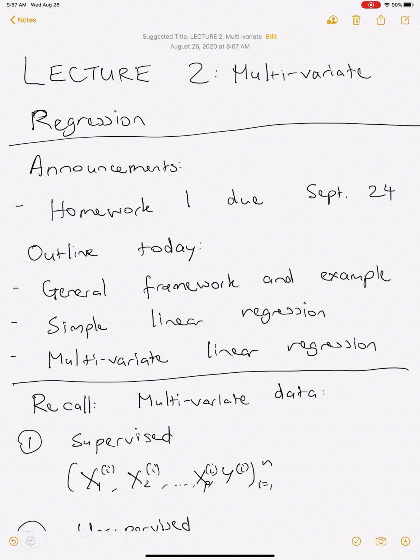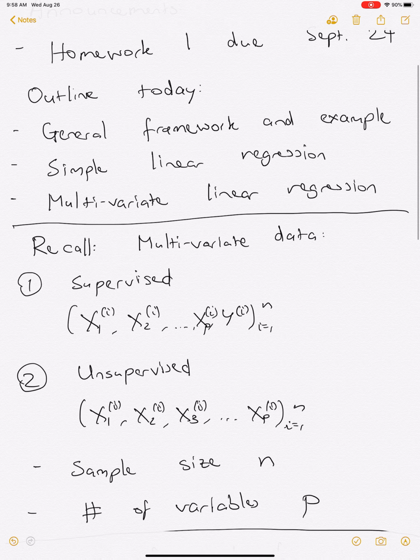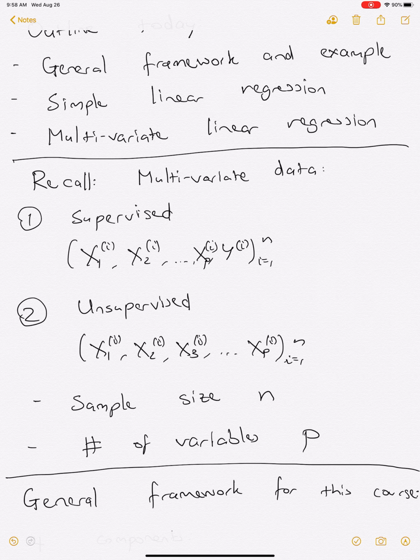Simple linear regression is hopefully something you've seen that's not really multivariate per se. And then we're going to move on to multivariate linear regression, where we start to see, potentially, the influence of having multiple variables.